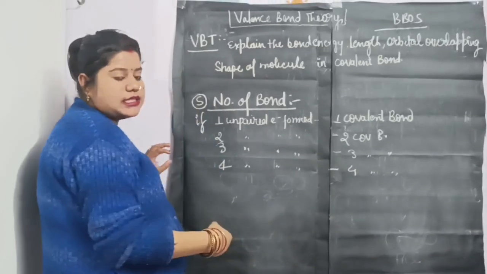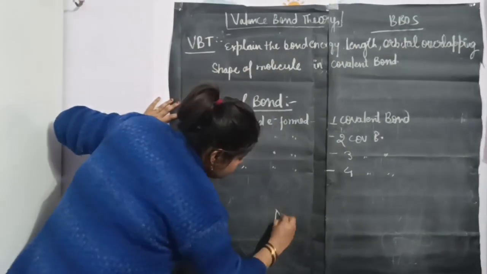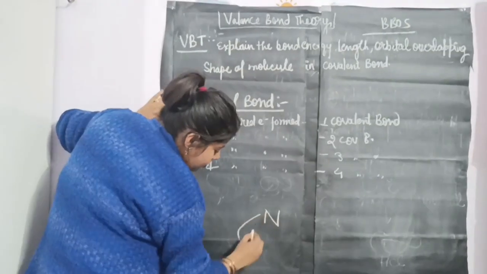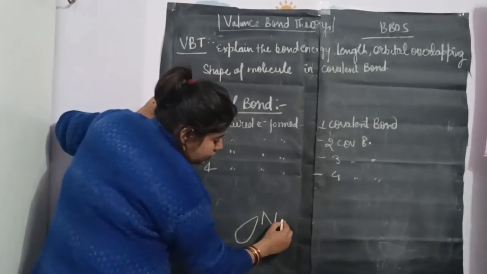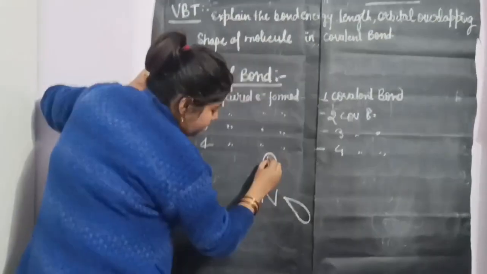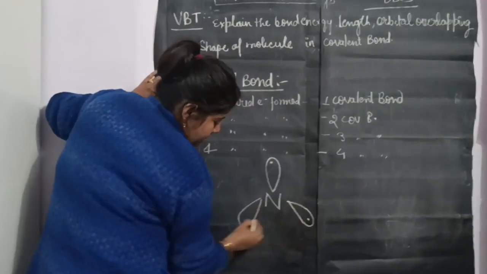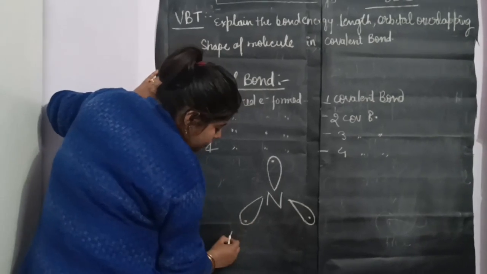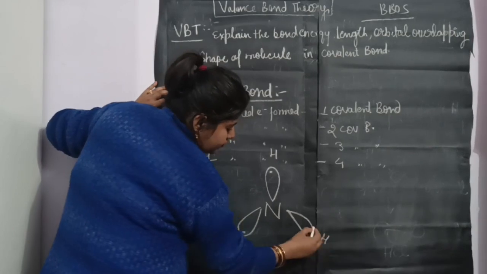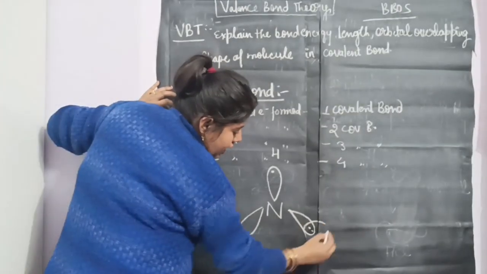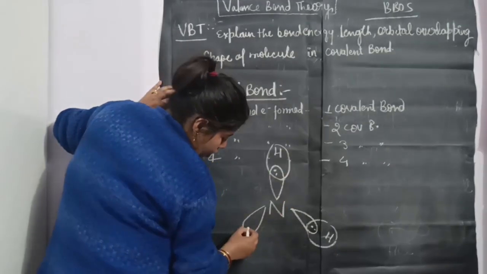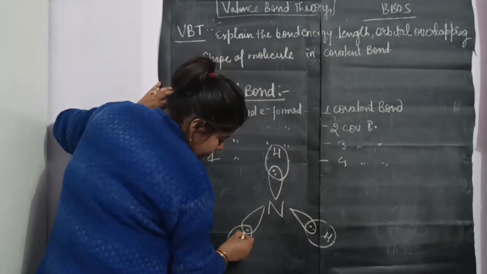Now I consider an example of nitrogen. The N atom has three single electrons in the outermost shell, and it reacts with three hydrogen atoms and fulfills the orbital electron density.